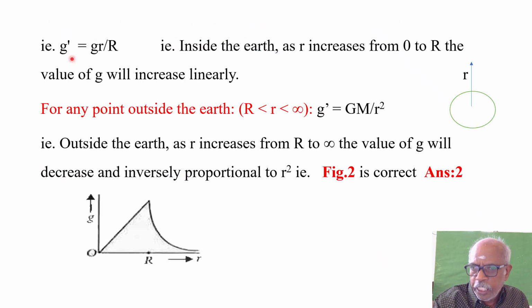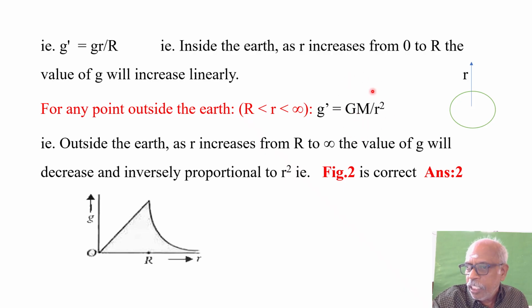Already in the previous slide we have seen that g dash is equal to g r by R inside the Earth. As r increases from 0 to R, the value of g will increase linearly. For any point outside the Earth, small r lies between capital R and infinity. Above the surface of the Earth, it can go up to infinity. Acceleration due to gravity is the gravitational force experienced by a unit mass. So g dash is equal to GM by r square, according to Newton's gravitational law.